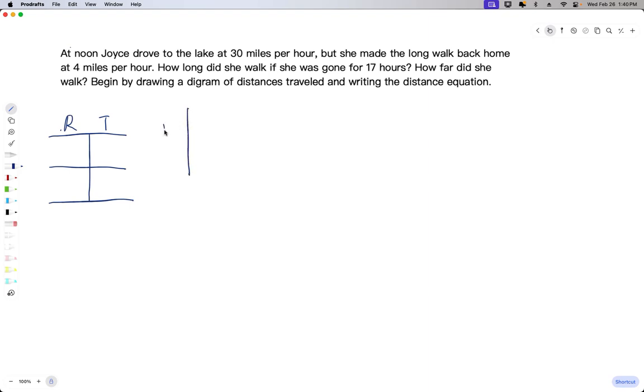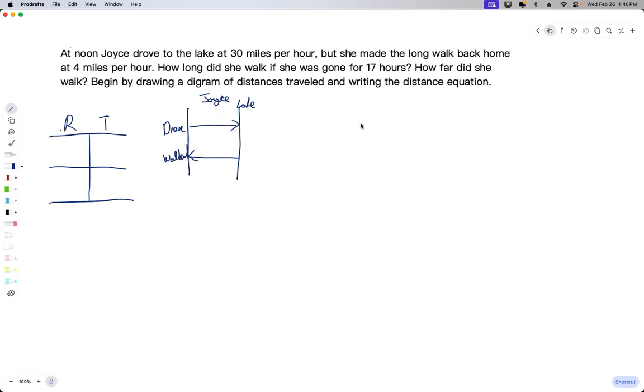So she drove to the lake, and then she walked back. Okay, so this is Joyce, and she drove to the lake. Here's the lake, and then she walked back from the lake. So the distances are the same.